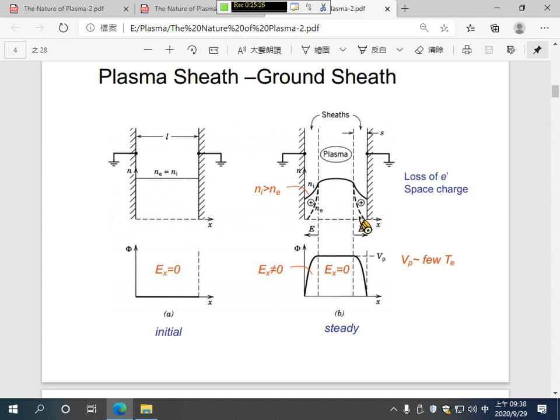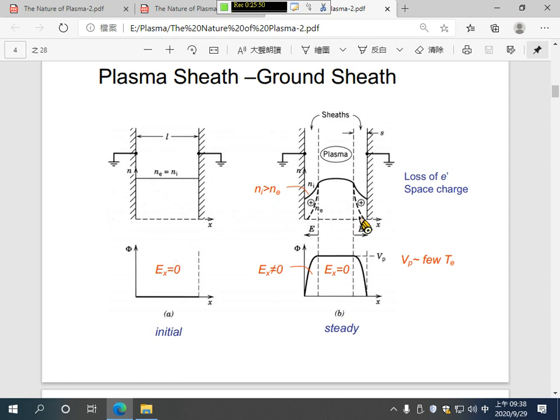Okay? So within a fixed period of time, we can find out in this place near the surface of the metal plate, both electrons and ions lose their charge to the metal plate.